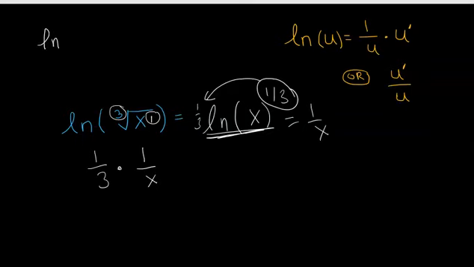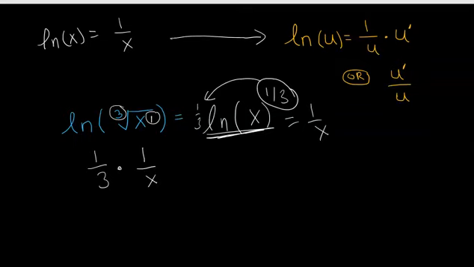If you see ln x just hanging out by itself, the derivative is always going to be 1 over x. You can understand that manually by using the formula that I have here in yellow. But this is something you're going to have to memorize. It's in your interest to memorize that: the derivative of ln x equals 1 over x.